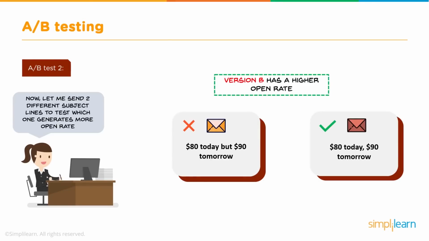Well, version B has the higher open rate. We want to be short, succinct, and stay away from conjunctions like but. It tends to have a negative connotation. So the shorter, more direct subject line, "$80 today, $90 tomorrow," not so passive, more direct, tends to have the higher open rate. So you always want to test those subject lines to generate high open rates.